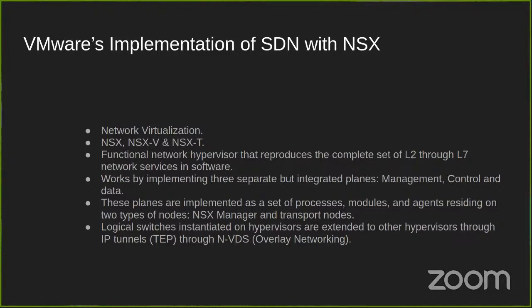NSX stands for Network Security Extensible, and the first implementation was in a vSphere environment. The leading technology at the time was vSphere, and they wanted to virtualize their network. So that is why they decided to come up with NSX. At that time, it was mainly for the vSphere environment.